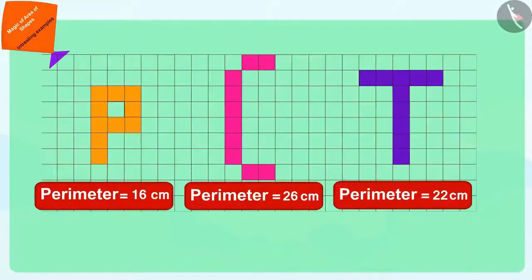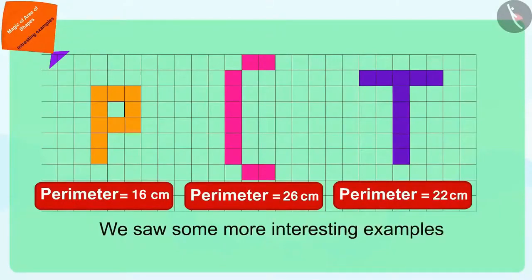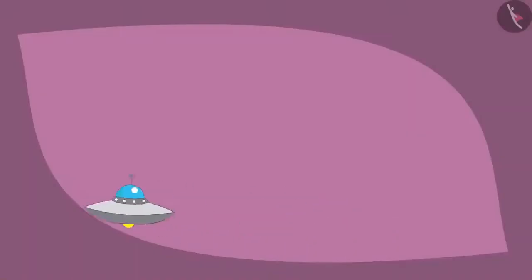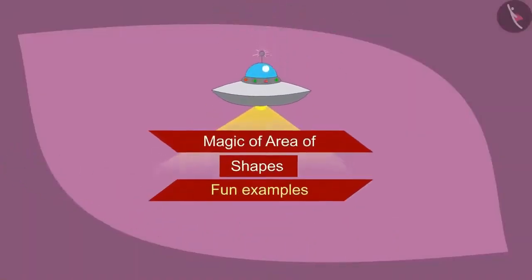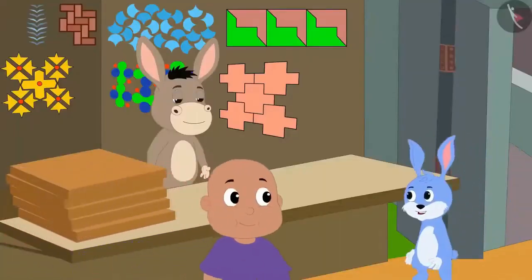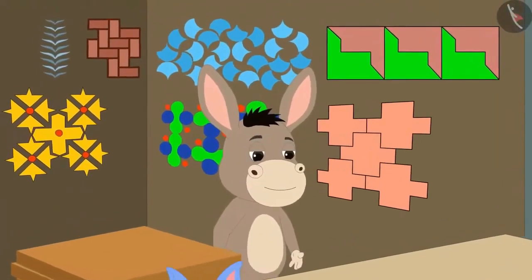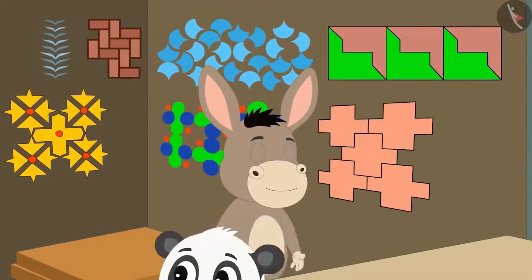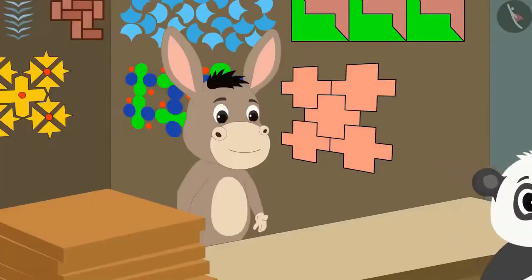Hello children! In the previous video, we saw some more interesting examples of finding areas of shapes. In this video, we will see even more interesting examples related to this. Tiles of very beautiful and unique shapes have become available in the market these days.